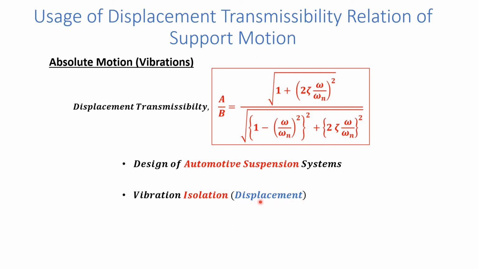Even for forced vibration we will later on derive the relation, though the transmissibility ratio is given by TR, but the relation will luckily again be the same for solving our problems. So kindly remember the usage of A by B, which is the displacement transmissibility relation, is in the design of automotive suspensions and in isolation problems.